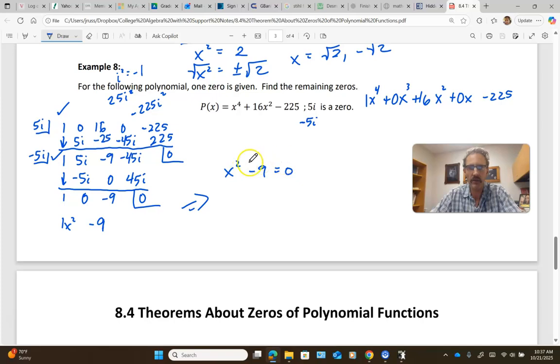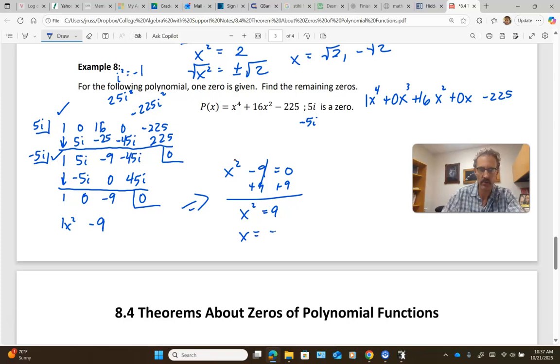Or you can solve it directly for x to find those last two zeros. And I'm going to solve it directly for x. So I'm going to add 9 to both sides. We get x squared is equal to 9. And then we'll take the square root of both sides, and we'll get x is equal to positive and negative square root of 9, which is 3. So both positive and negative 3. Those are my last two zeros.